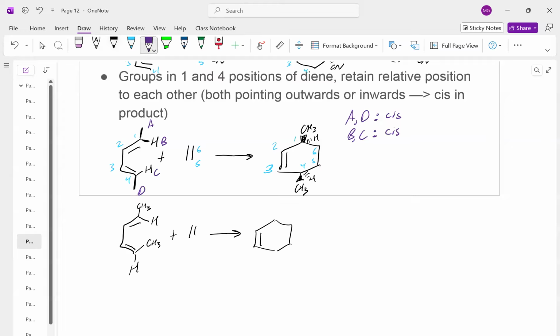And I'll label these again, A, B, C, and D. Keeping with this theme, A and D should be cis to each other. That means this methyl group and this hydrogen are cis, and then this hydrogen and this methyl group are cis.